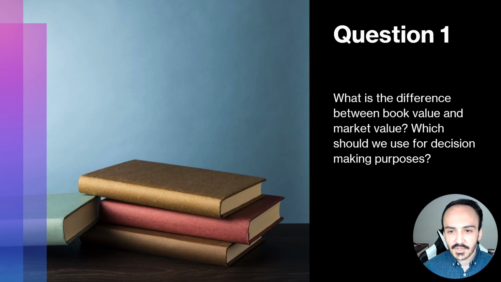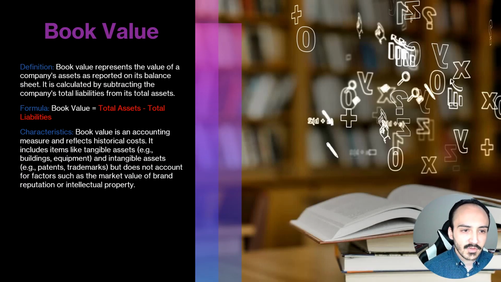Question one: what is the difference between book value and market value, and which should be used for decision-making purposes? Book value definition: it represents the value of the company's assets as reported on its balance sheet. It is calculated by subtracting the company's total liabilities from its total assets.